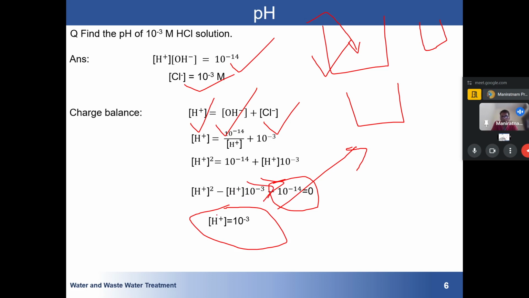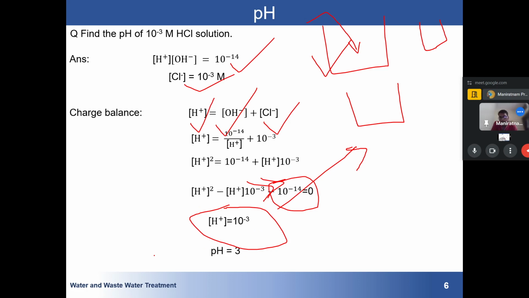The challenge arrives when the 10 to the power minus 14 term cannot be neglected. I will suggest always moving in a predefined way: to solve this charge balance, you form one quadratic equation, and based on the quadratic equation you can find the pH of the system.